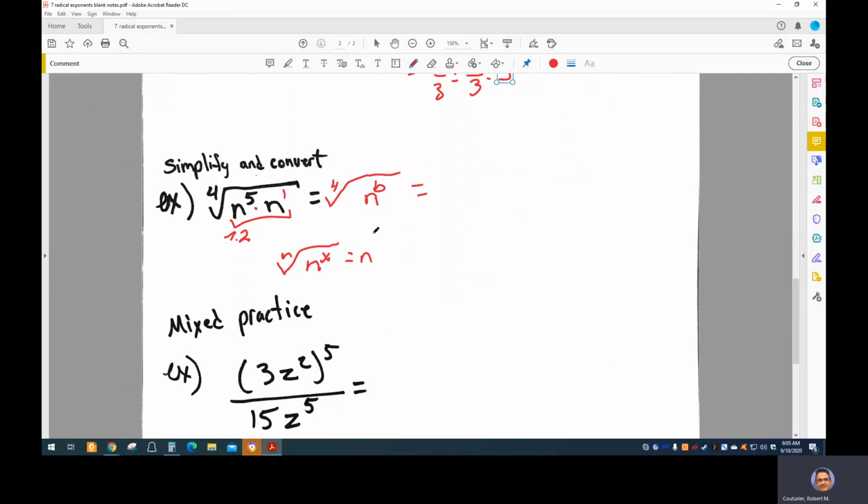I didn't pick these. I'll change this to a W so we can see it. We have to take the base is W, and whatever the radicand, the inside piece, is being raised to the power of, that becomes our numerator. So this is 6.